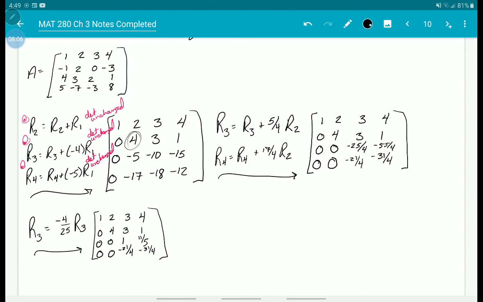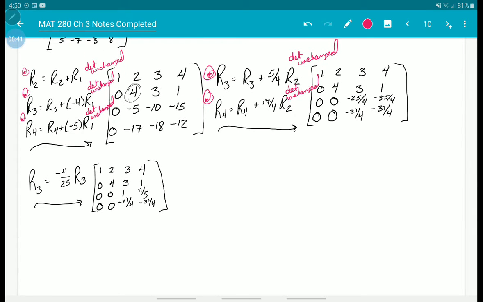Now, before we do the last step, let's talk about how the determinant has changed. If we go back to this step, row 3 is equal to row 3 plus 5/4 row 2. The determinant is unchanged here. Same thing is going to be true for that next step, for the exact same reason that it was unchanged in that first step that we did. However, when we took row 3 and multiplied it by negative 4 over 25, we changed the value of the determinant.